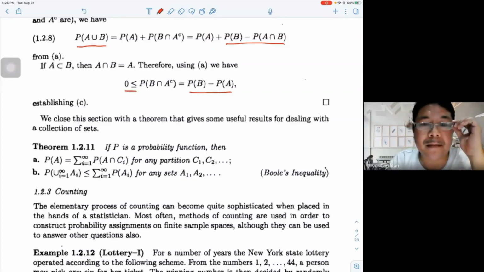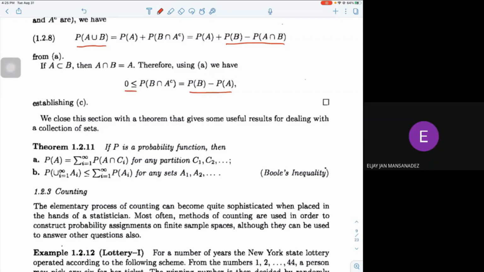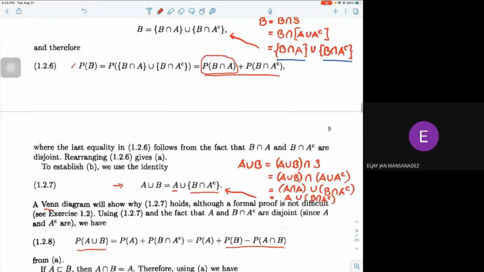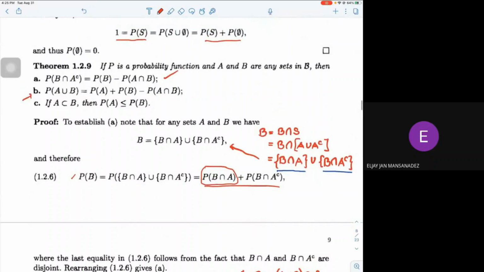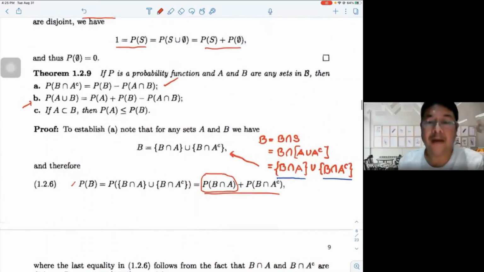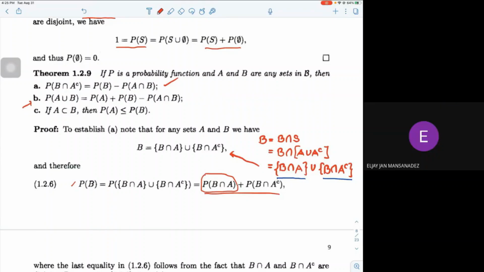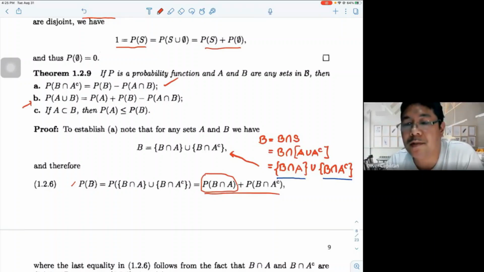Asa dapit nga part? No. In theorem 1.2.9, we have no assumption that these two events, A and B, or sets A and B, are disjoint. Is that your question, LJ? Yes, sir. Yeah, no assumption.